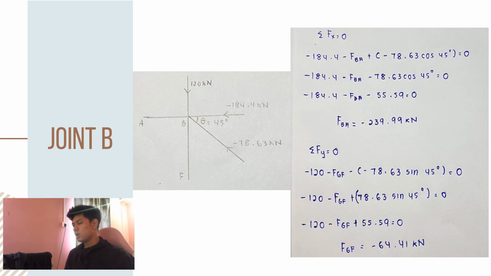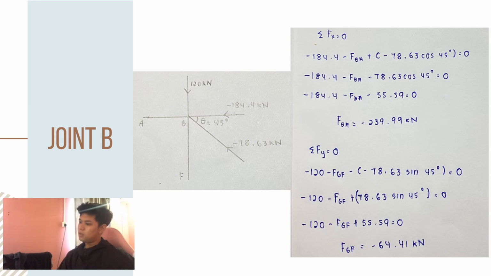So when we got FBA, we can calculate the y-axis. We use sigma Fy equal to 0: negative 120 minus FGF minus bracket negative 78.63 sine 45 equal to 0. We settle what is in the bracket, which is 78.63 sine 45.